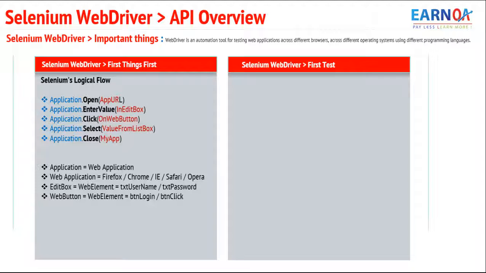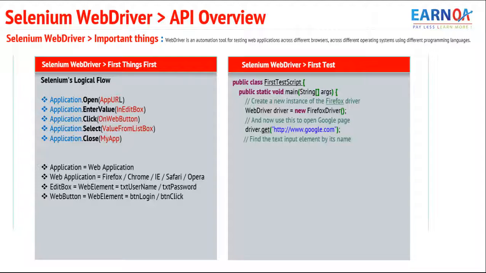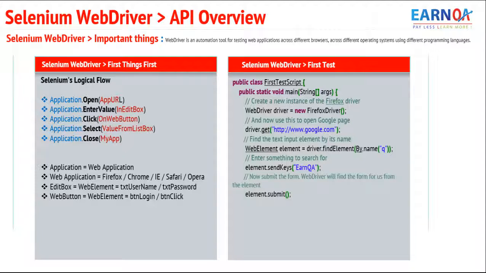While we have such an implementation, let me compare this with a Selenium script. It looks like this. In my application, I want to utilize a Firefox browser, and I call that browser the driver now.